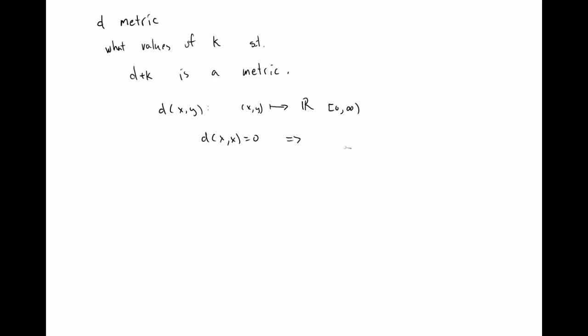This means if we have dxx plus some constant, if k is not equal to 0, then dxx plus k is not equal to 0. So our function fails.